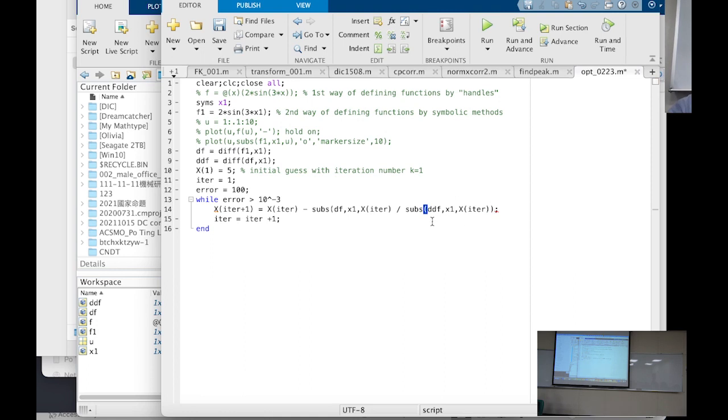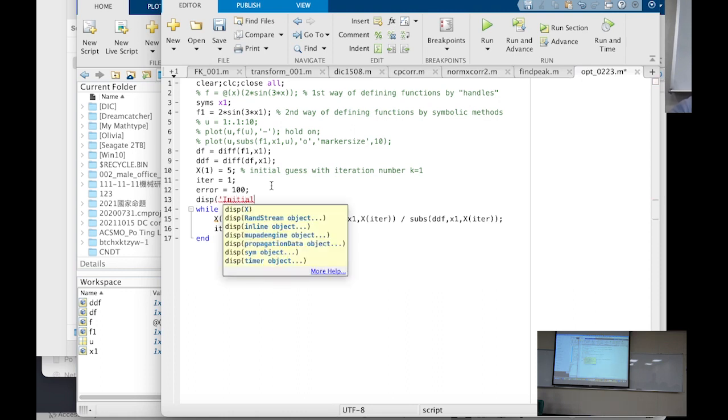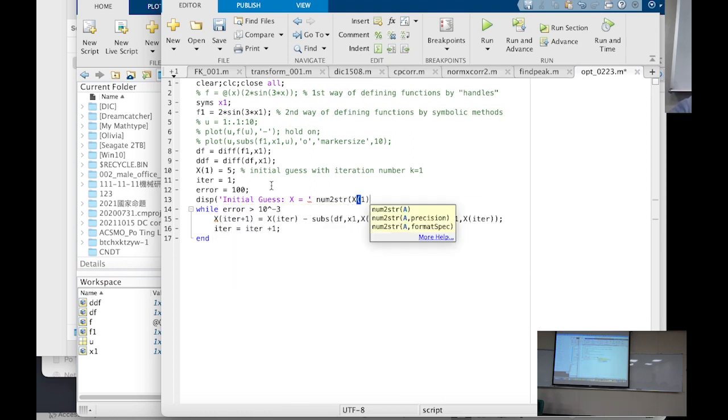But during the process, let's try to plot out the process. So at the beginning, maybe I will say display, and I will say initial guess x equals the value of x1, so num2str of x1. And during the process, display basically plots out some text information.